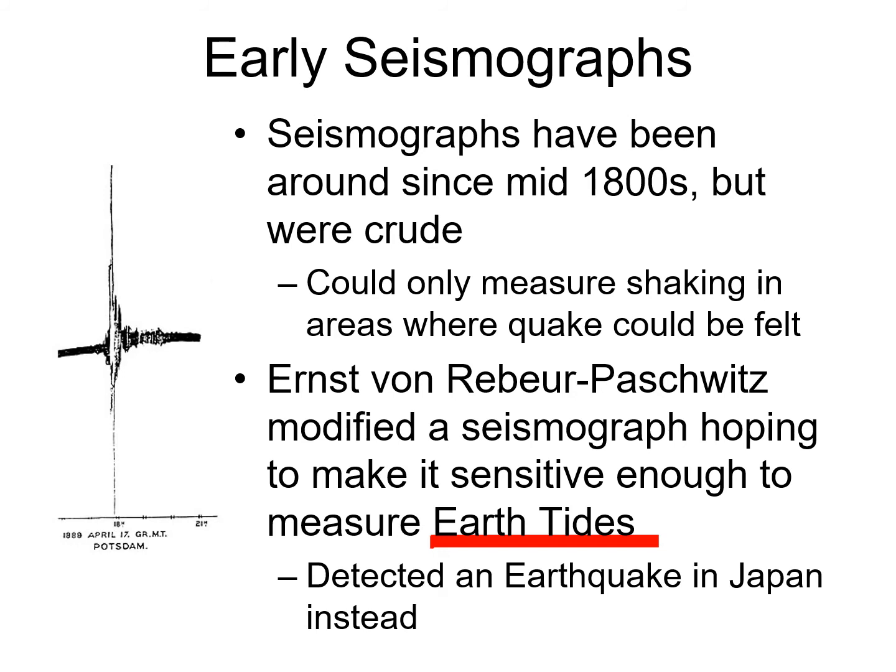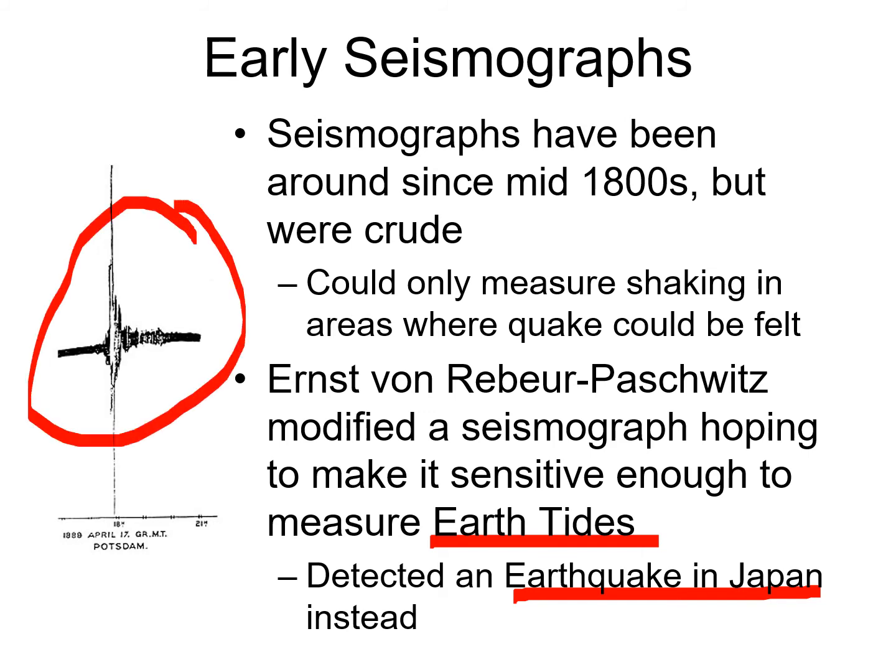He was trying to record this earth tide when he accidentally recorded an earthquake in Germany. Well, the device is in Germany, but it recorded an earthquake that happened on the other side of the world in Japan instead. And what we see here is his actual seismogram, of the earthquake wave that was recorded in Germany from Japan.